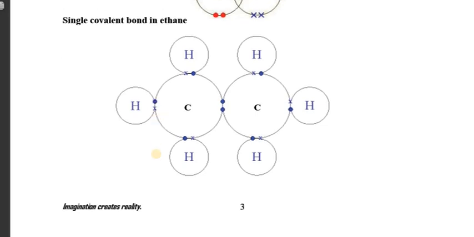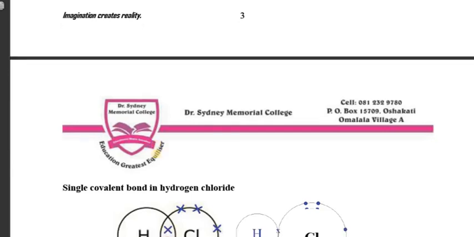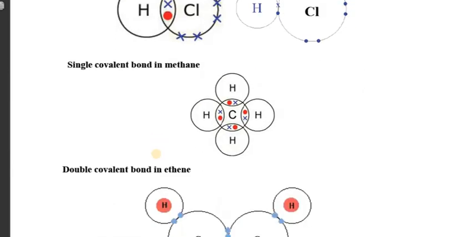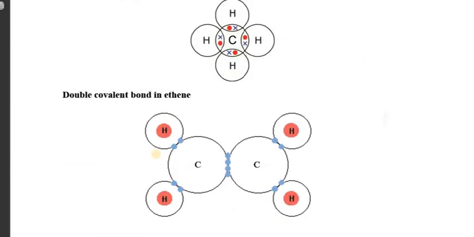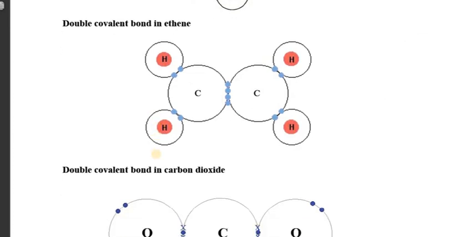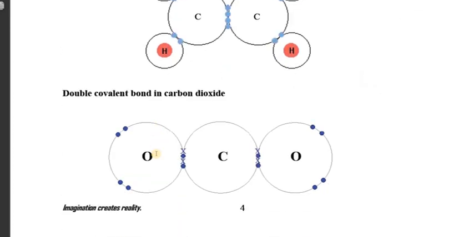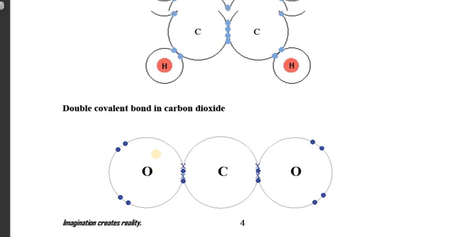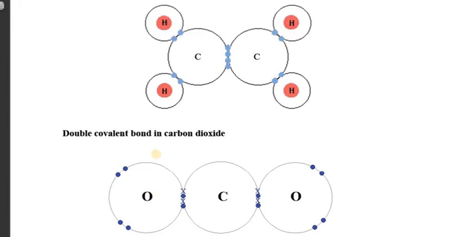So I'm just going to show you all of the different single covalent bonds and double covalent bonds that I have on this PDF. But what I want you to do is to draw them yourself and count and see why exactly they have been drawn like this.